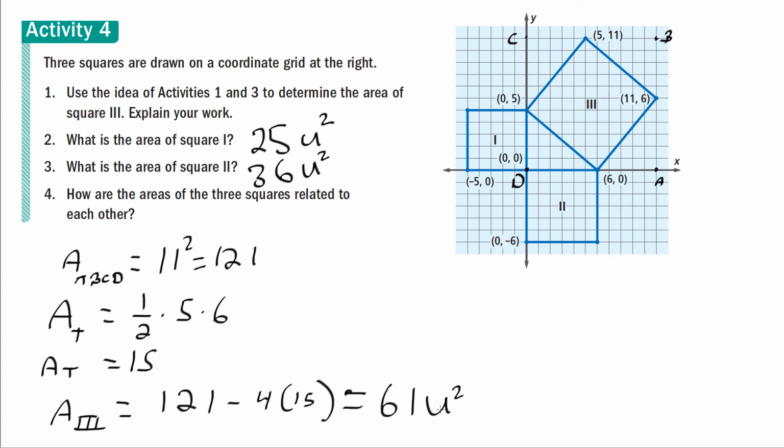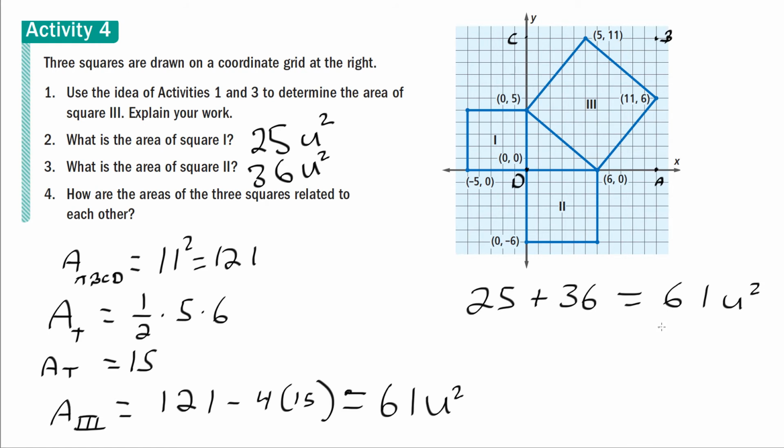How are the areas of the three squares related to each other? Well, this is 61 units squared, and let me just try something. 25 plus 36 equals 6 plus 5 is 11, carry my 1, 61 units squared. Well, I see a relationship here. Do you see it? Yeah, okay.